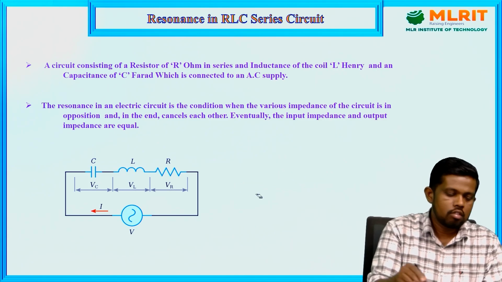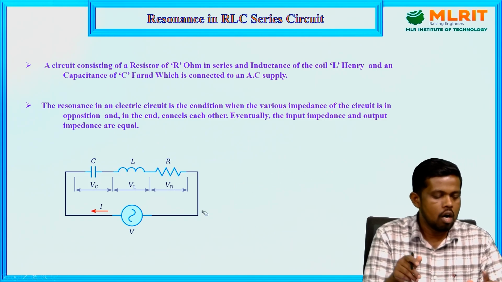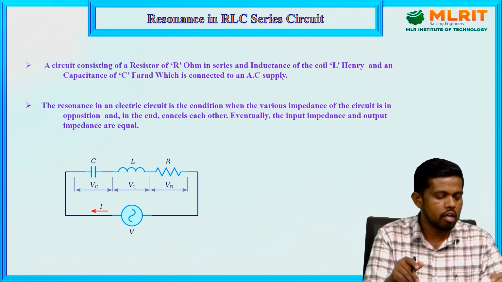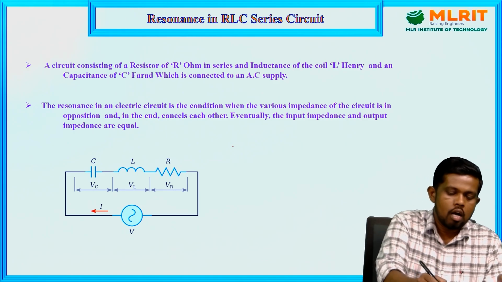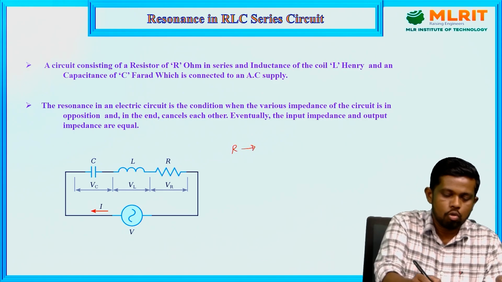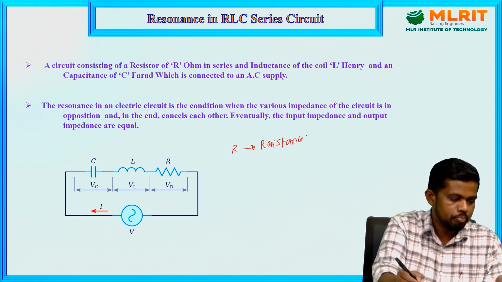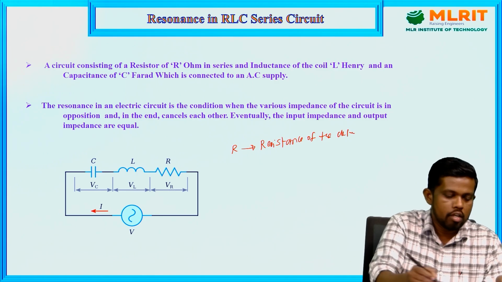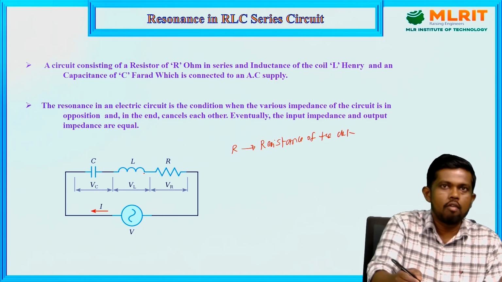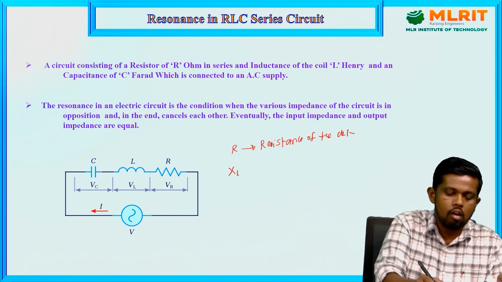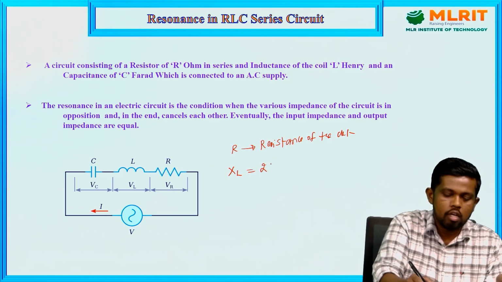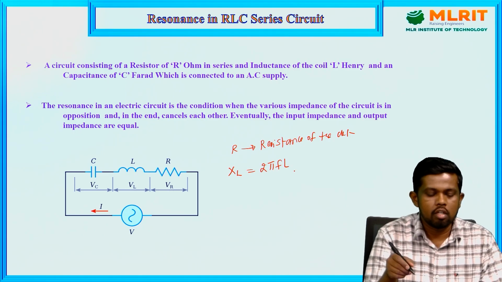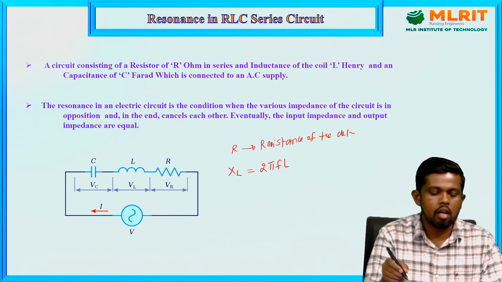For this case, let us take the R, L, and C elements connected in series. Here R is the resistance of the network. The inductance offers an ohmic property called XL, where XL equals 2πfL. This was already discussed in the earlier topic on the RLC circuit.